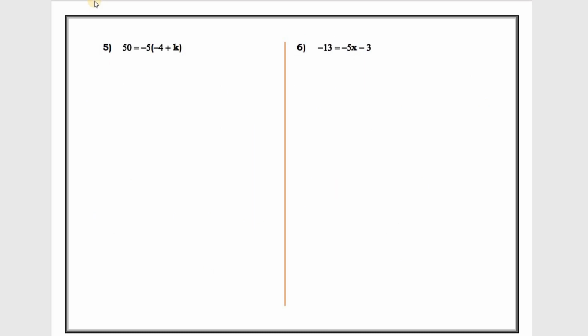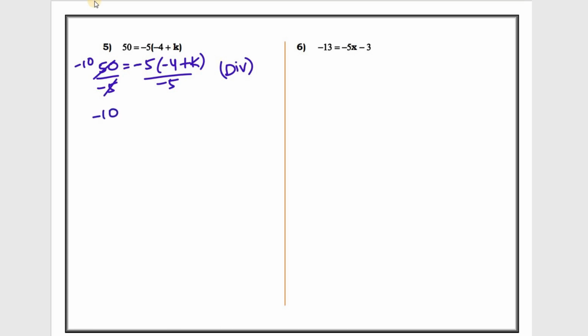Number 5. So here I am just trying to divide by minus 5 without applying the distributive property. You can also do it by dividing using the distributive property. So I have divided by minus 5. So minus 5 times minus 10 is 50. Minus 10 is remaining.